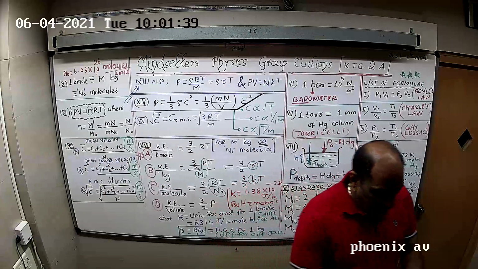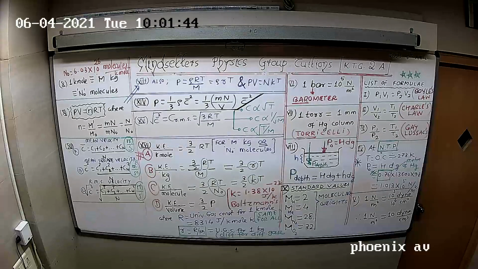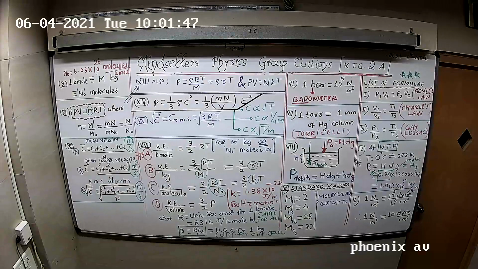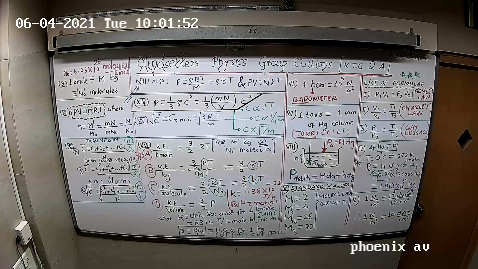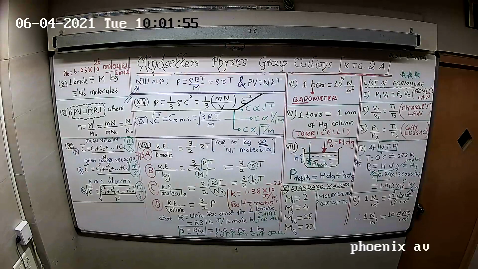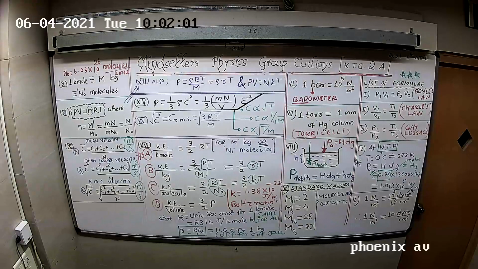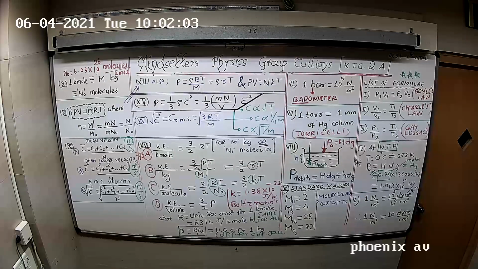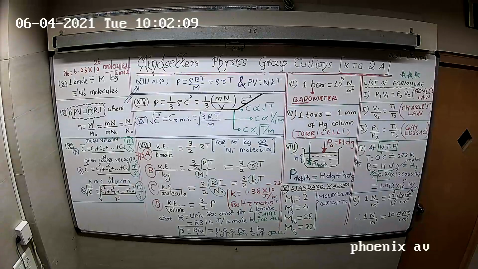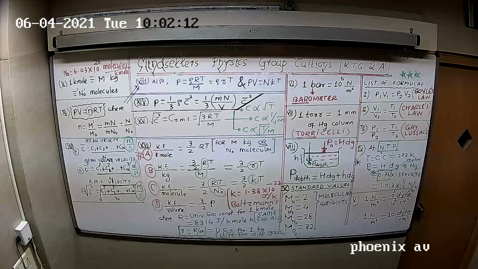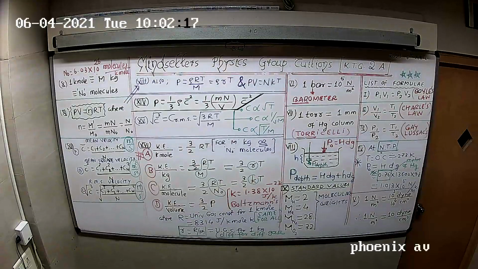And at the end of the list of formulae, I have written what is the meaning of capital R, which is universal gas constant for 1 kilomole of a gas, and what is the meaning of small r, which is universal gas constant for 1 kilogram of a gas. Mind you, this has come as a multiple choice question, that capital R is the same for all the gases, whereas small r differs from gas to gas, molecular weights of different gases being different.